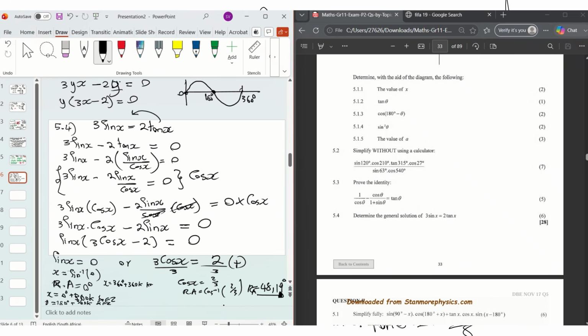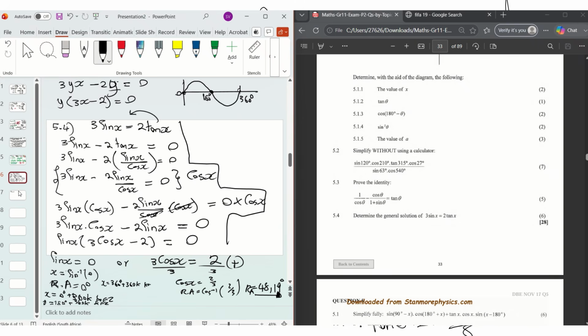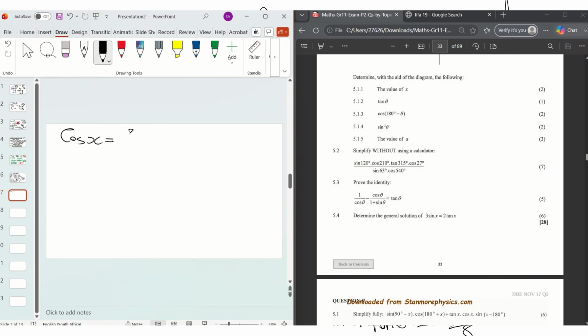So we know that cos is positive in which quadrant? Just use this space there, no? Let me just use the next slide, sorry. So we had cos x is equals to 2 over 3.